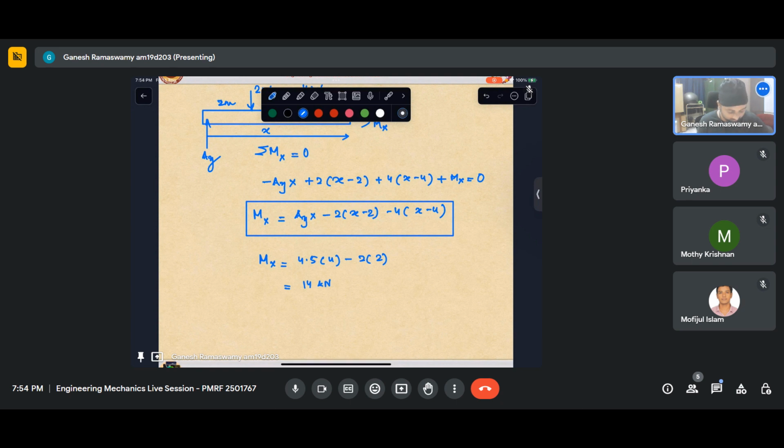Mx, essentially, this is not x, since I have substituted x equal to 4, this is MD. So this is my bending moment at point D.